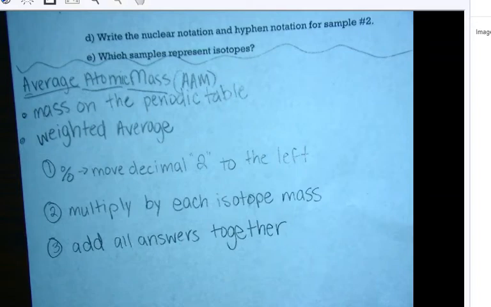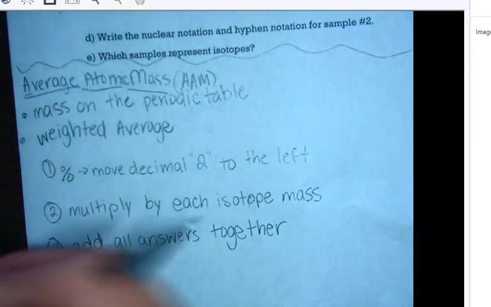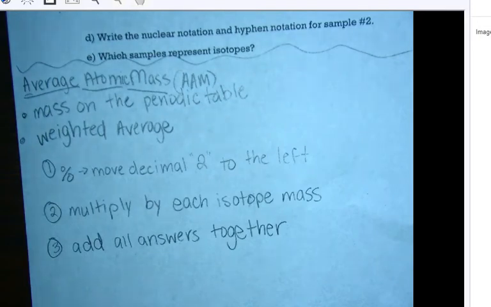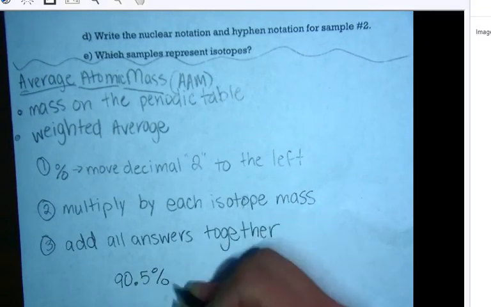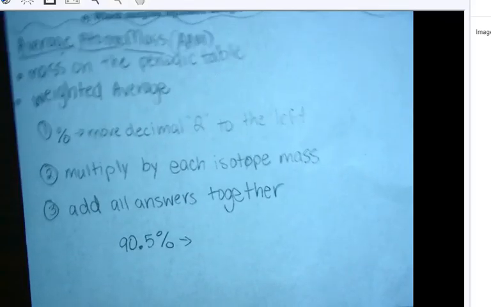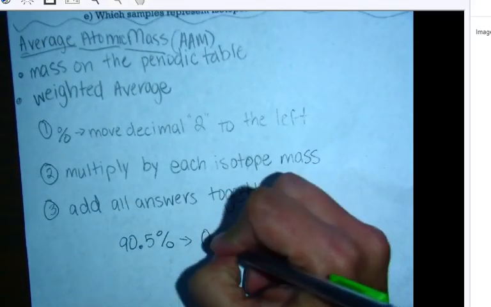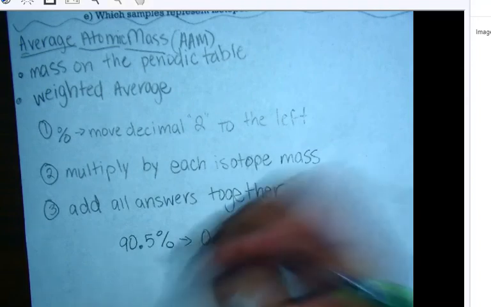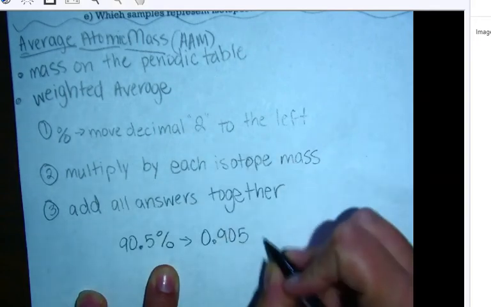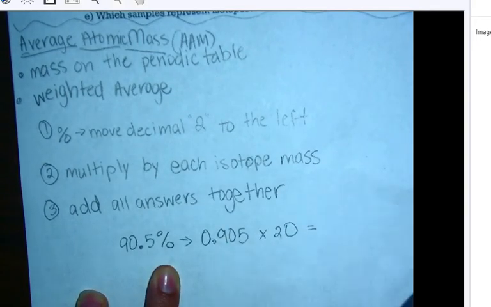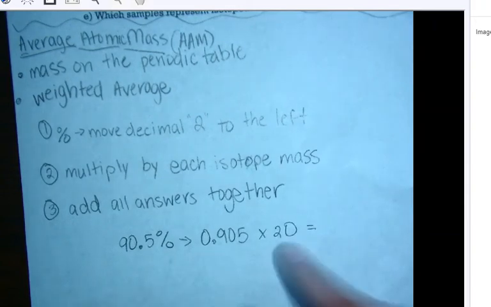Okay? So you don't have to write this part, but watch the process real quick. For example, if I have something that has 90.5%, what did that just change into with step 1? 0.905, okay? And this mass is a 20, so I'm going to multiply it by the isotope mass. It's coming from the problem, so it's going to be the isotope mass.